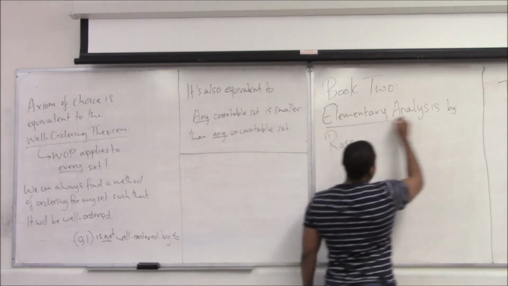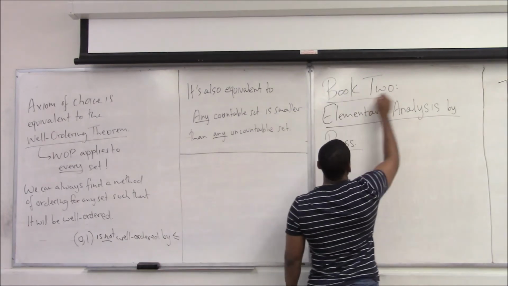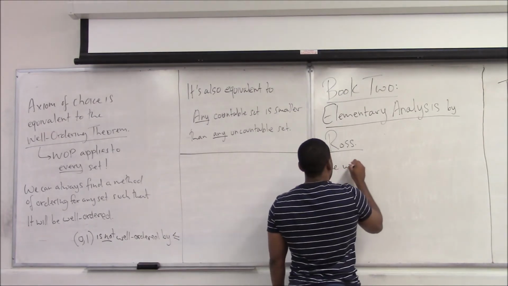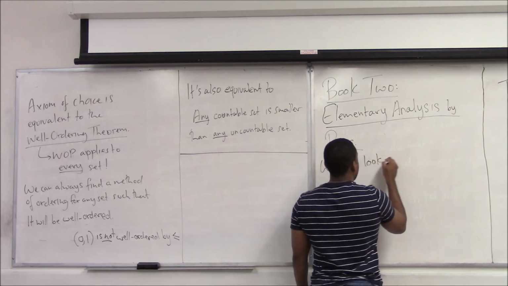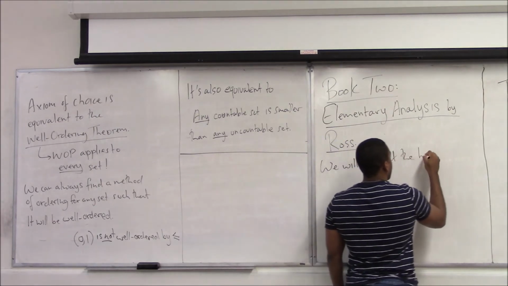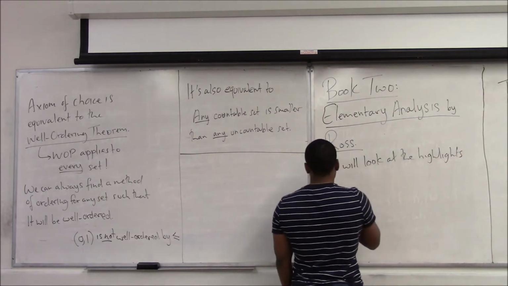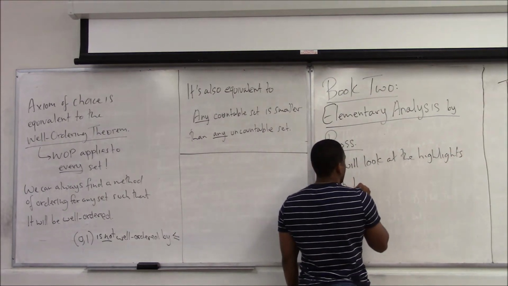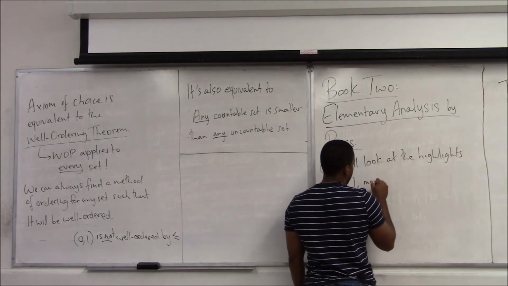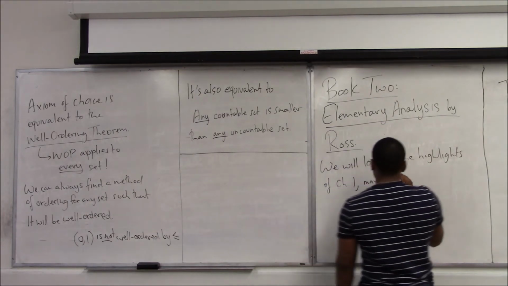We're only going to be looking at some parts of chapter 1. Maybe the first 4 sections. I think the 5th section is the extended real line.